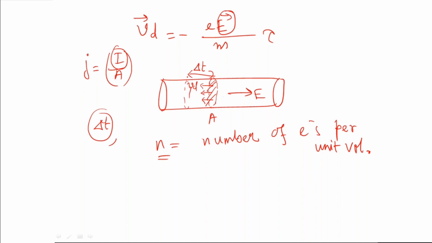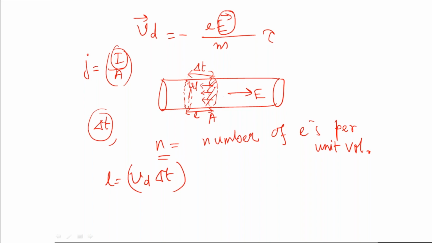Suppose they reach this place. So this is the length. What is this length? I can get it as Vd into delta t. Do you agree with me? This is the distance the electron travels in delta t time.